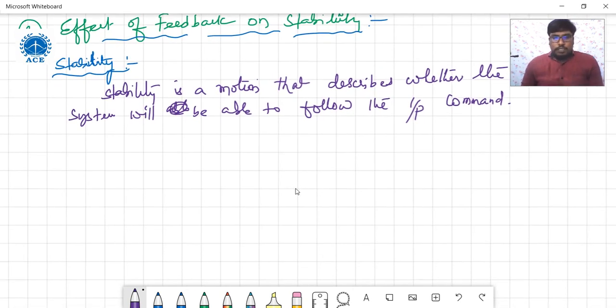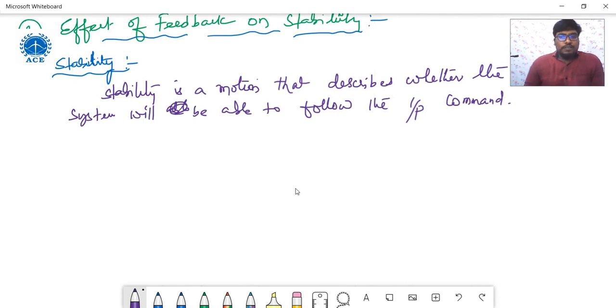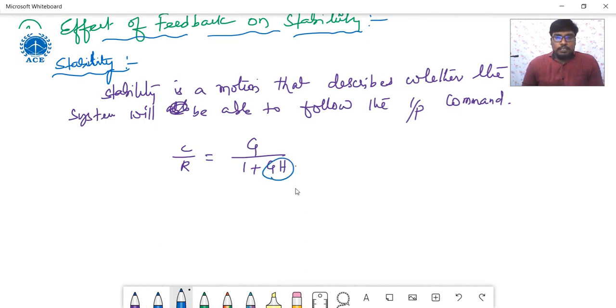Now we know that the overall gain of the system will be C by R is equal to G by 1 plus GH. This is for negative feedback. I am taking this term as negative feedback. So suppose, see here, if I consider the GH term to be negative, then the system leads to instability, which means what? If I consider this is -1, for example, GH is equal to -1, what will happen?